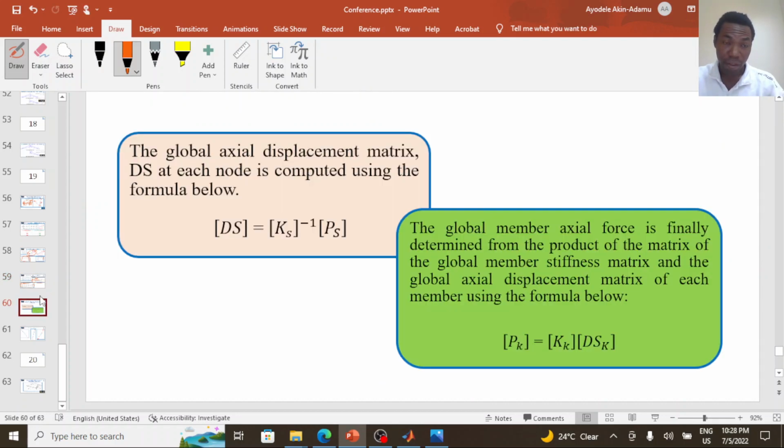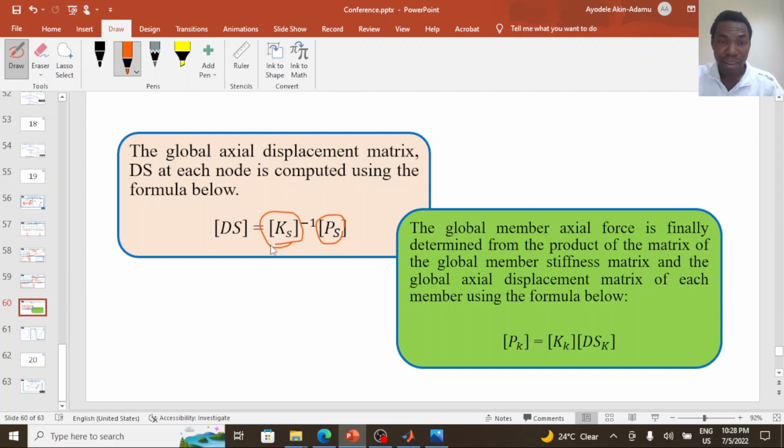After you understand that, you also need to determine the global displacement matrix of the 3D truss system. We need to assemble all the local stiffness matrices together to form the global stiffness matrix. Ks here is the global stiffness matrix and Ps here is the force vector.